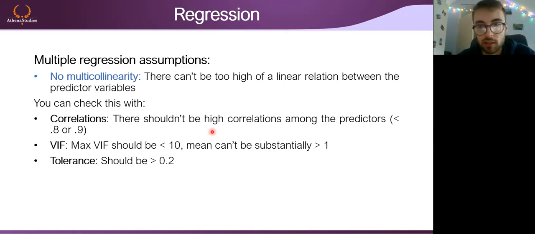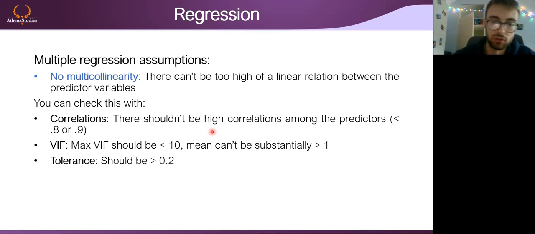But in SPSS, VIF and the tolerance values are the ones we use. The max VIF for a variable is 10, so the VIF should be smaller than 10, and then overall the mean of the VIFs shouldn't be substantially higher than 1.